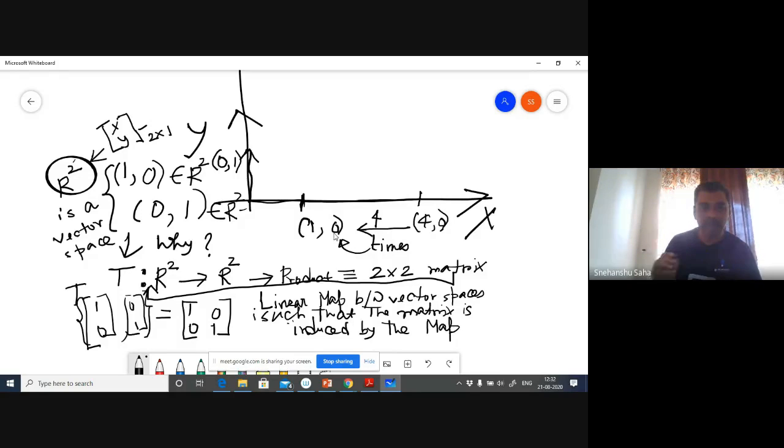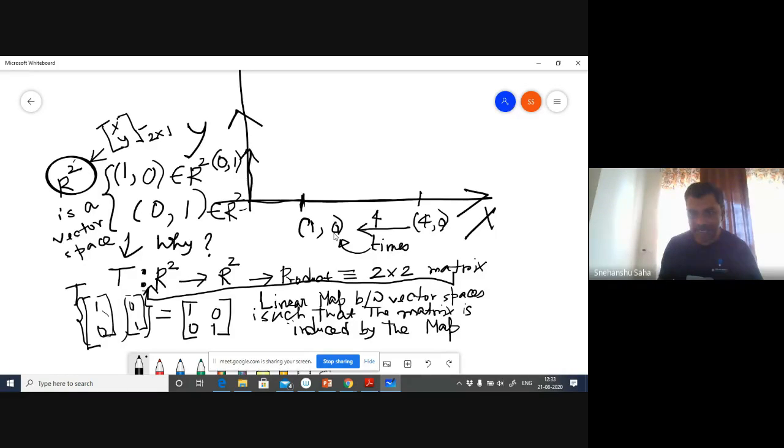However, I have another point to make, because we started talking about a basis, right? We wanted to see what a basis is. So what you can say is that these two vectors, 1, 0 and 0, 1, form a basis of this vector space R2.